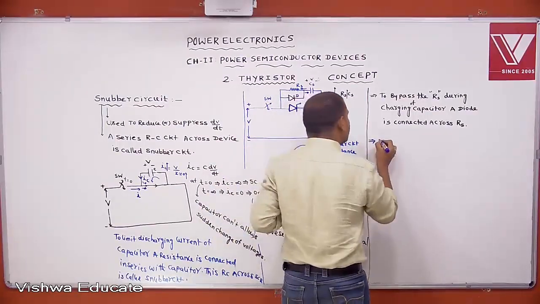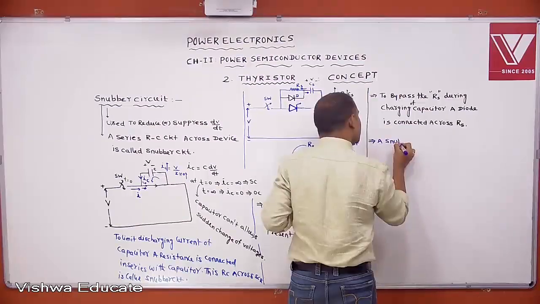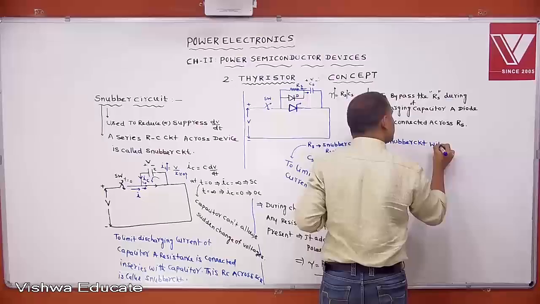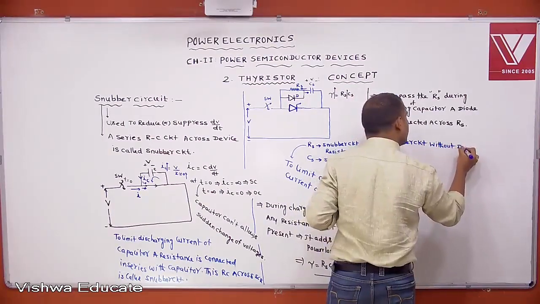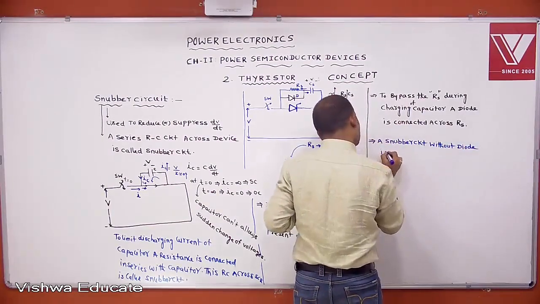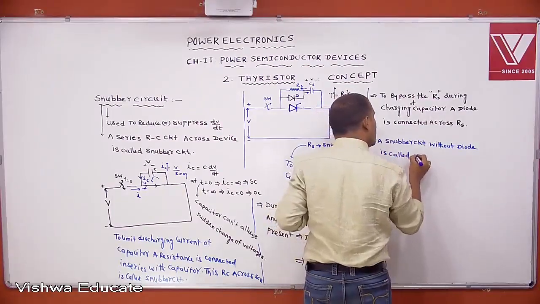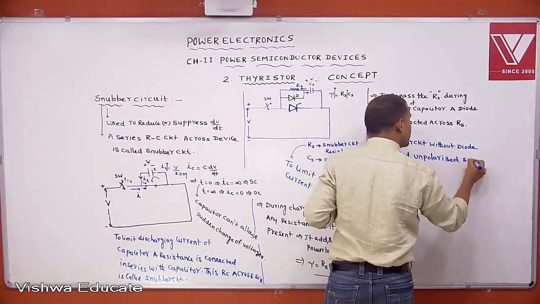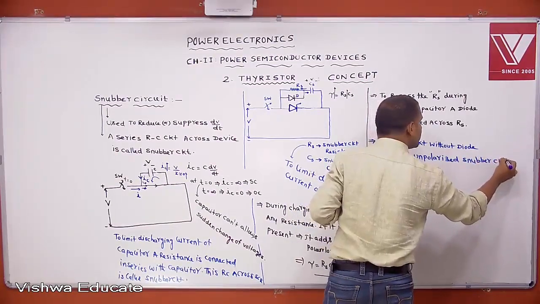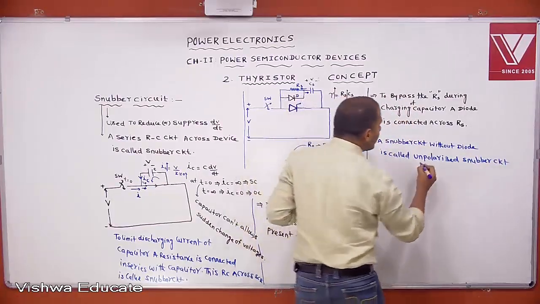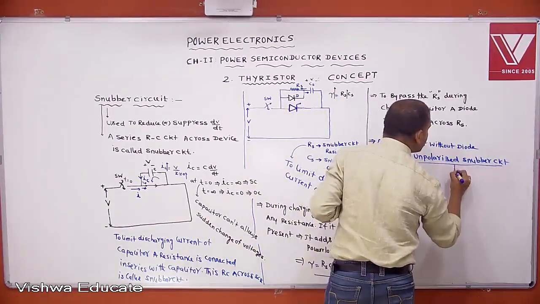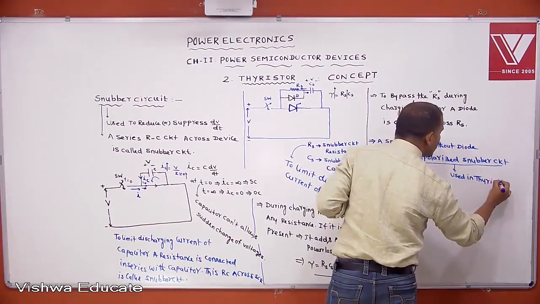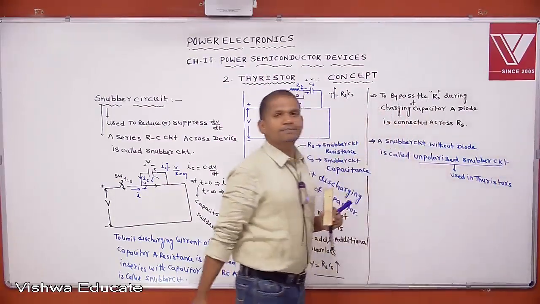A Snubber circuit without diode is called an unpolarized Snubber circuit. This unpolarized Snubber circuit is mainly used in thyristors.